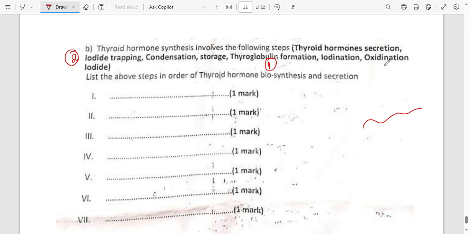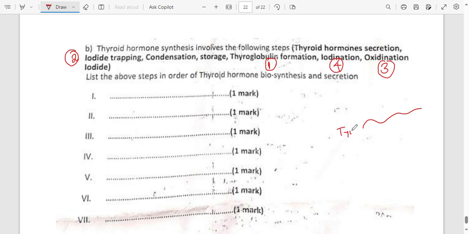So oxidation will be the next step. And then after the oxidation, you're going to have the iodination of tyrosine. So the oxidized iodide is going to be added to tyrosine. So that is going to be what? Iodination of the tyrosine.